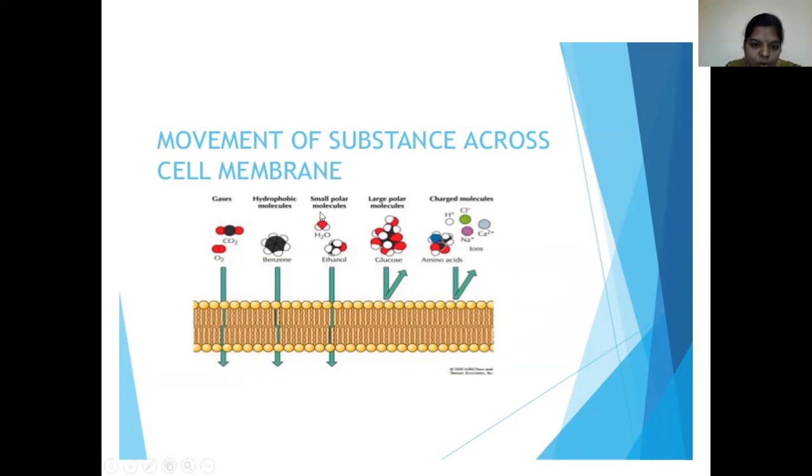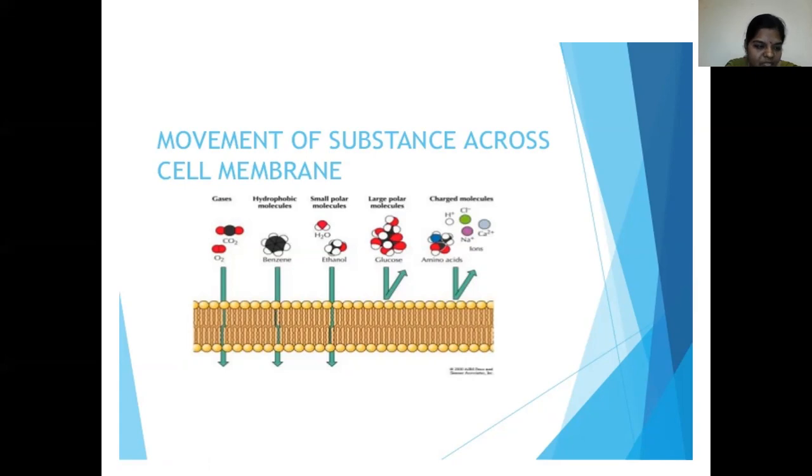Then smaller polar molecules. See here, polar molecules are also absorbed easily. And large molecules like proteins and glucose do not absorb properly. Why? Because they have a large molecular weight, so it is very tough to absorb them. Then how will you achieve good absorption for these types of drugs?